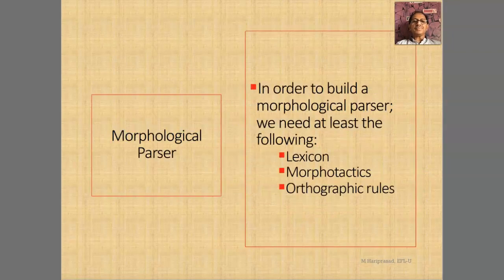So what do we need for a morphological parser? In order to build a morphological parser, we need these three at least. A lexicon consisting of stems and affixes. Then morphotactics, the rules which combine the morphemes with the other morphemes. Then we also need orthographic rules, that is spelling rules.